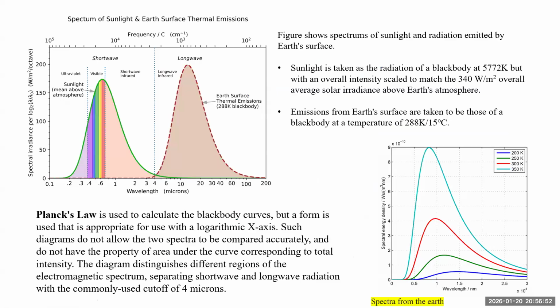For different temperatures, not only will the spectra shift, but the intensity will vary largely. High temperature means high spectral energy density; lower temperature means much lower energy intensity.